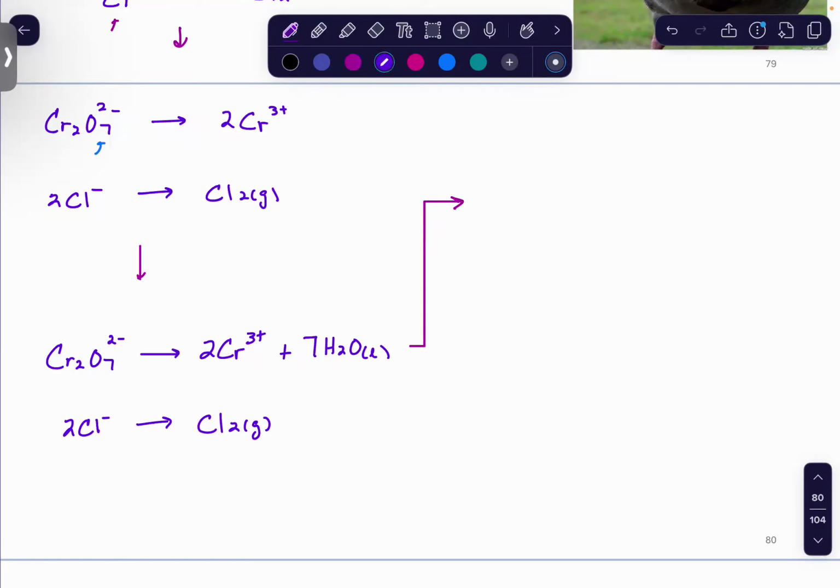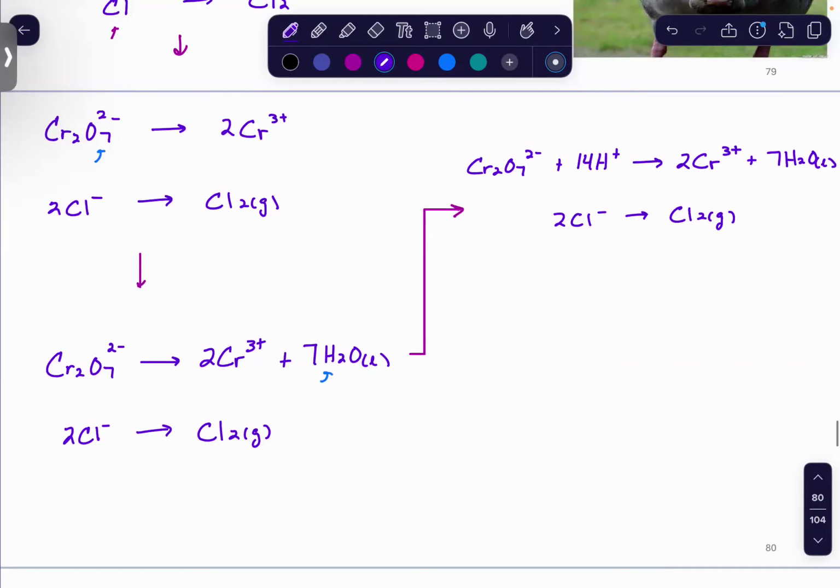Okay, so on the right, I have 7 waters, which is going to be 14 hydrogens. So I need 14 protons on the left. And then the chlorine equation is still the same.